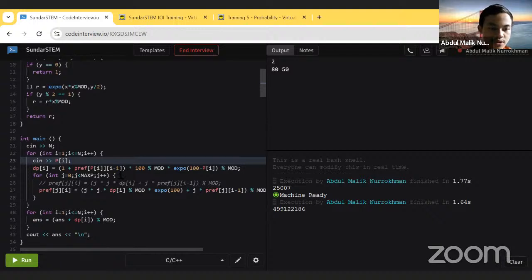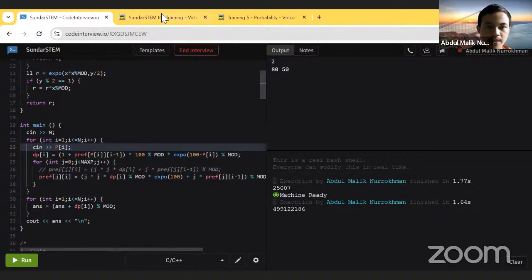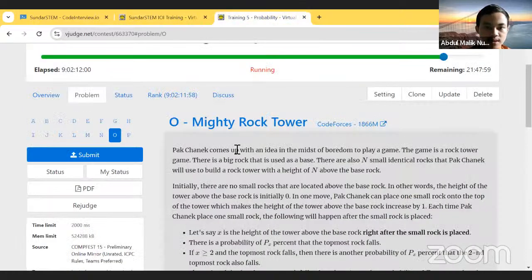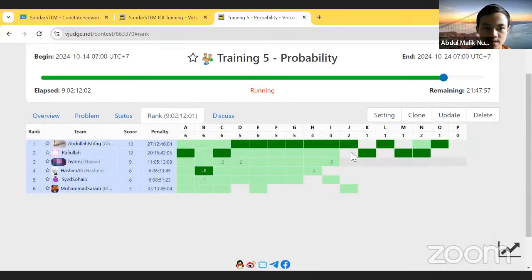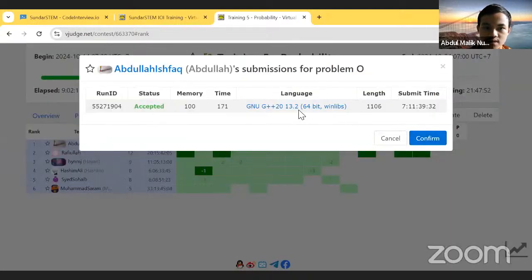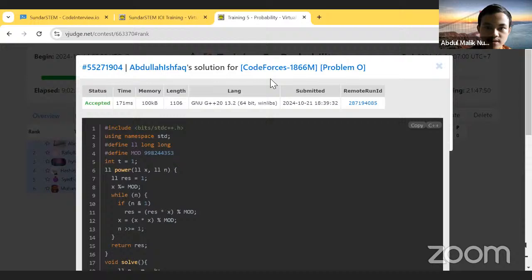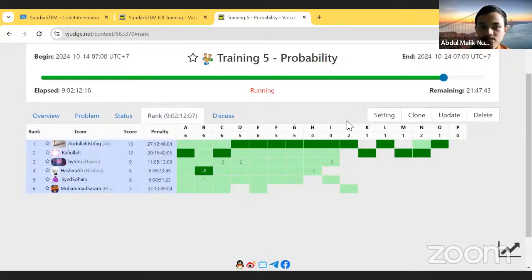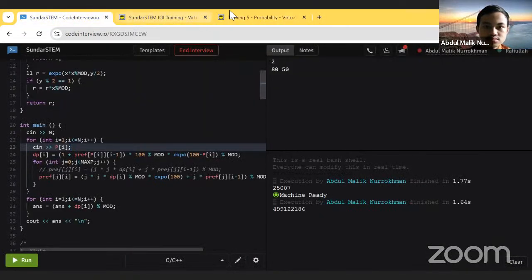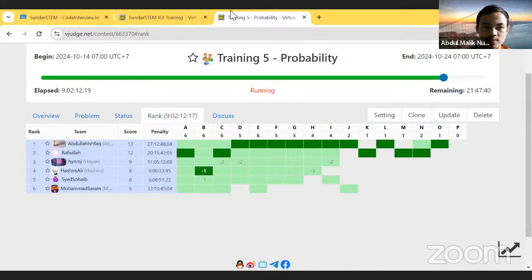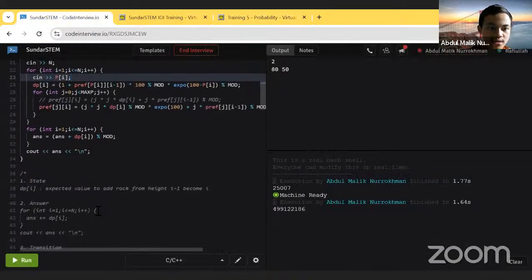In the last meeting, my sample output was still incorrect. Then how do we correct it? I think Abdullah Isfaq already got accepted. And where is my bug here?